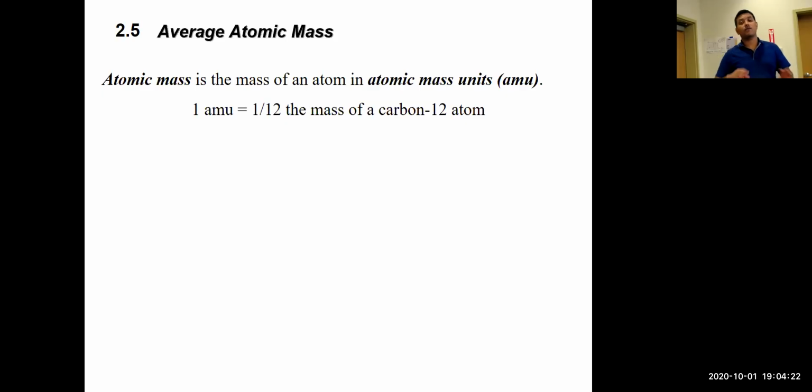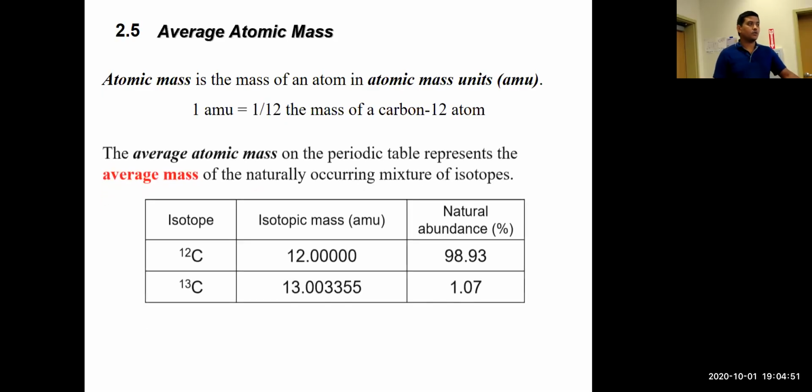Whenever you collect a sample of any material, you should worry about how many isotopes of each element it is made up of in terms of abundance, identify their individual atomic masses, and multiply them by their abundance in nature to calculate the actual average atomic mass found in nature. I know it sounds complicated, but it's not that complicated. It is simple math. So now let me show you the definition.